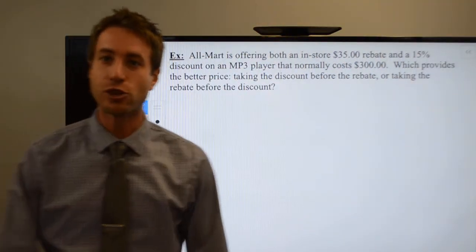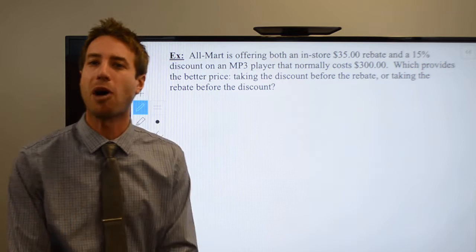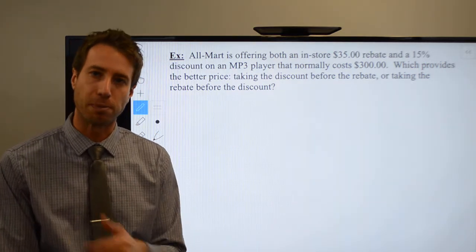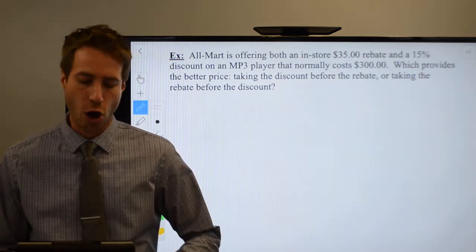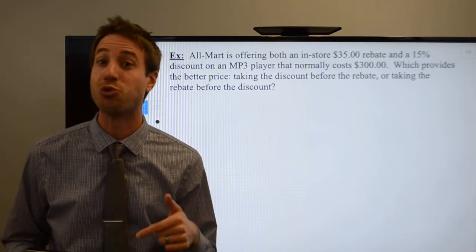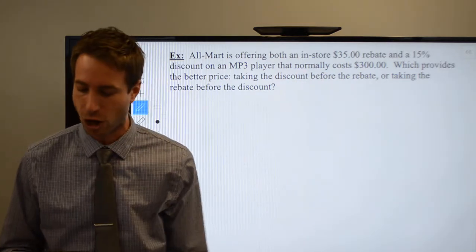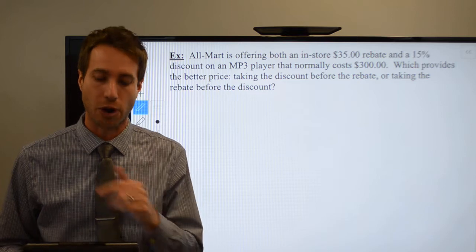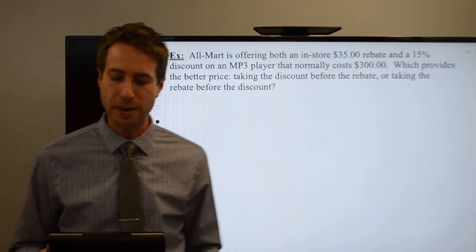Alright guys, welcome to this page of the notes. Again, what we're doing is using composite functions to help us solve a problem. Let's take a look at what the problem is. We're told that Allmart is offering both an in-store rebate of $35 and a 15% discount on all MP3 players.